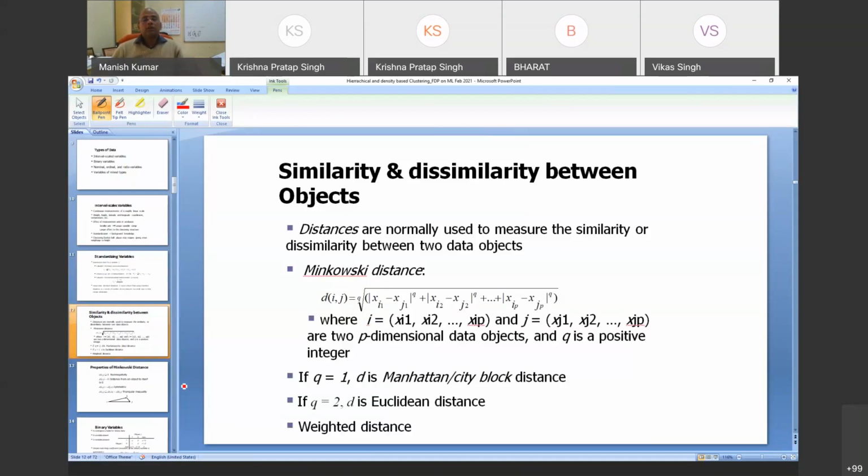There is also a very high application for the weighted distance. What we do in weighted distance is that, because these xi's represent the feature values of a particular object, suppose I am looking at basketball player data.